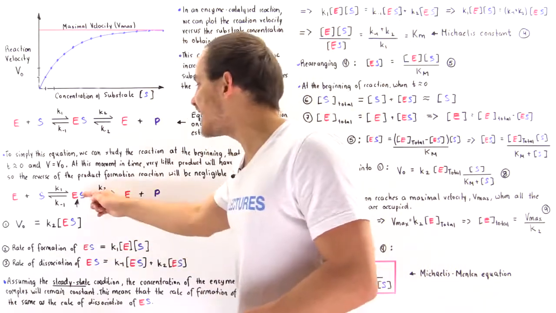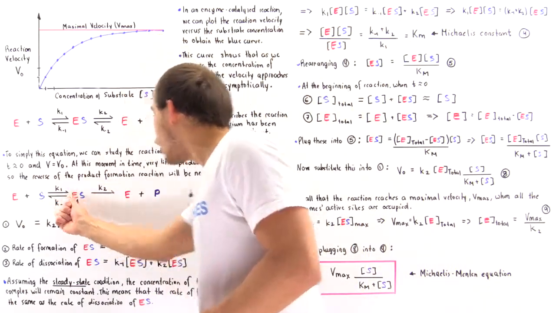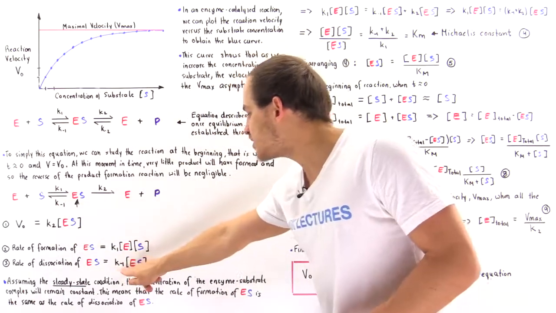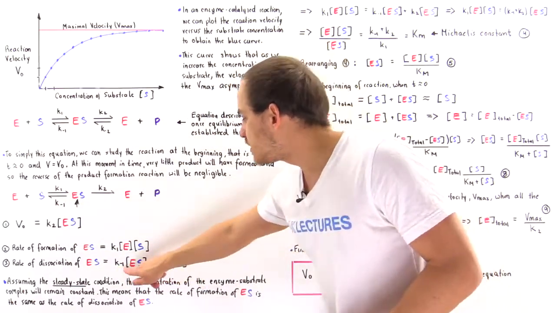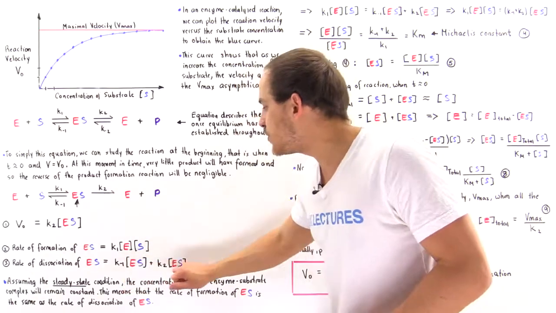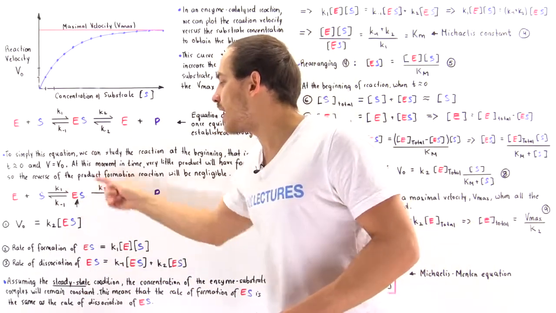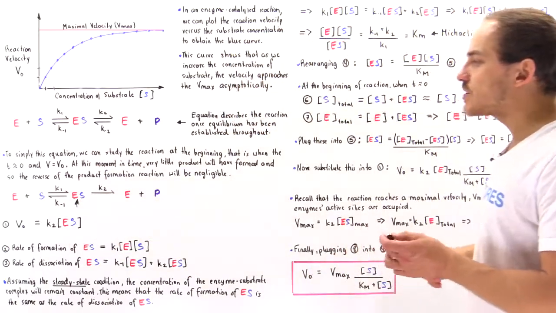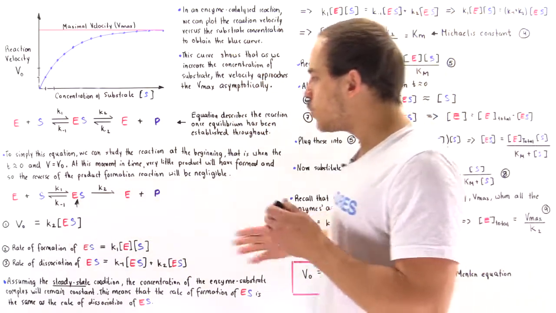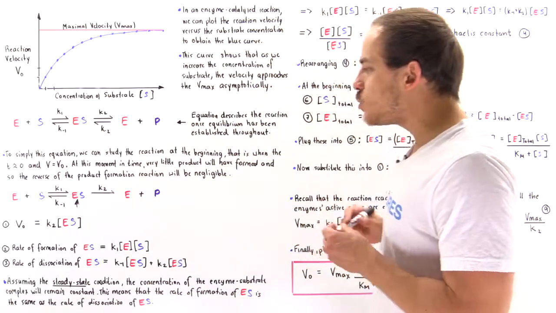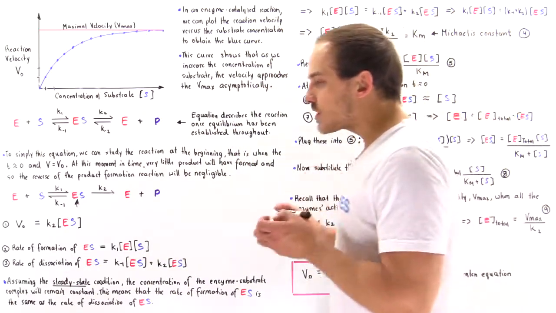So it can dissociate not only going this way, but also going this way. And that's why we have these two summations. So we sum this with this, and that gives us the rate at which our enzyme substrate complex actually breaks down.